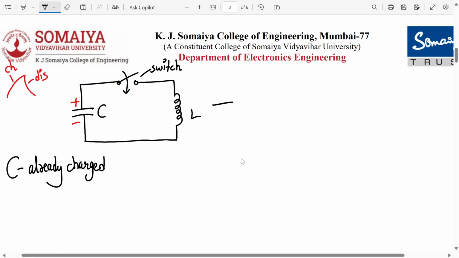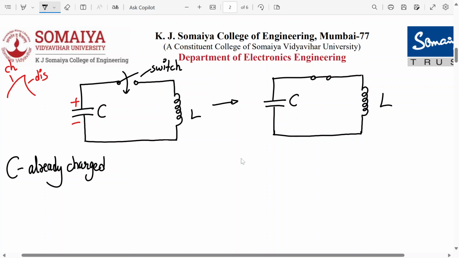So let's go to the next part of the circuit where we have C and an inductor already present. This is L and now we close the switch. We call it SW. So the switch is closed. What will happen now? Tell me. As the switch is closed, the capacitor discharges.